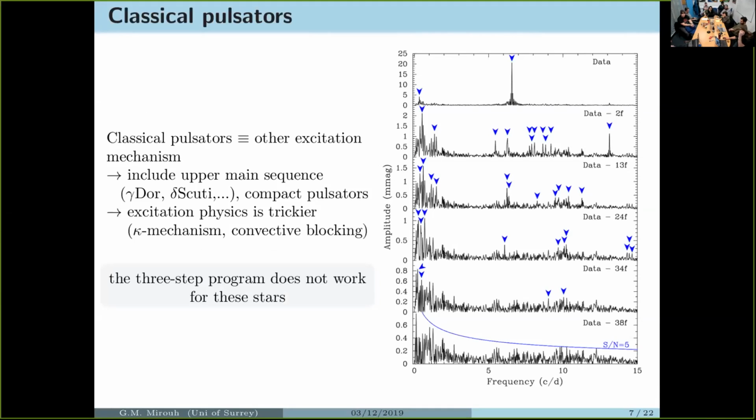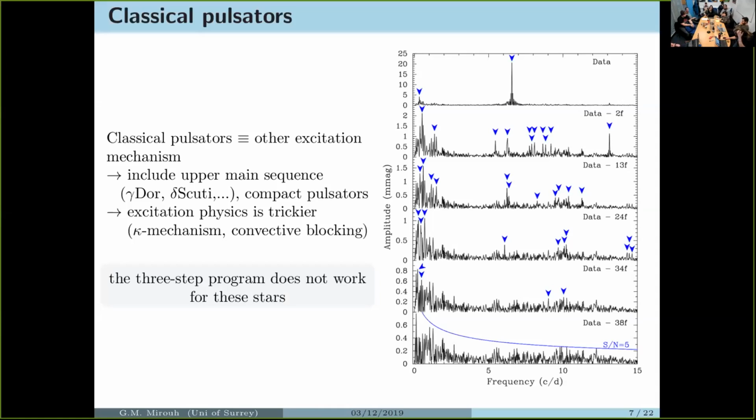Now, classical pulsators have this other excitation mechanism that I mentioned quickly. It's called the kappa mechanism, at least for most of them. It's related to an opacity layer, creating some kind of valve mechanism near the surface of the star.